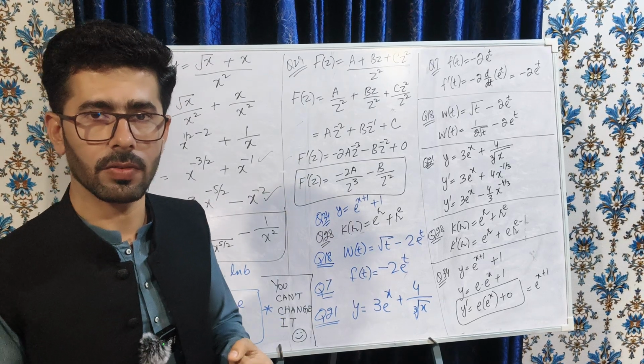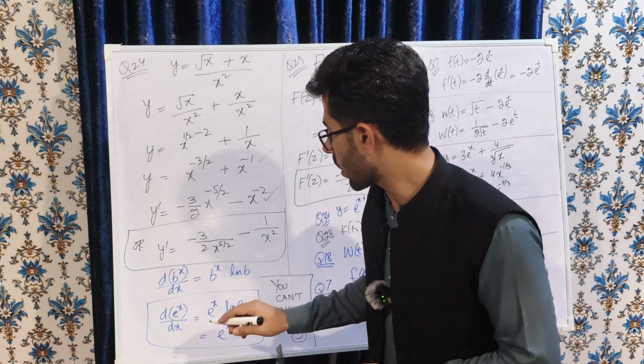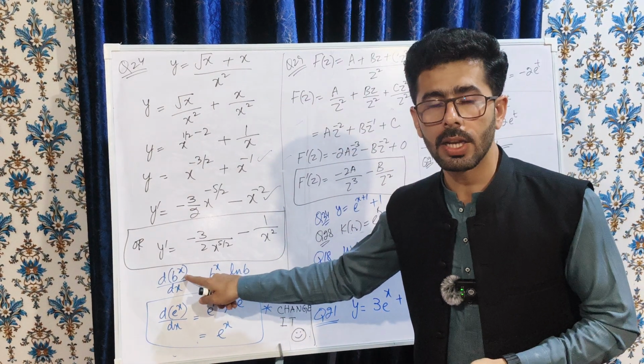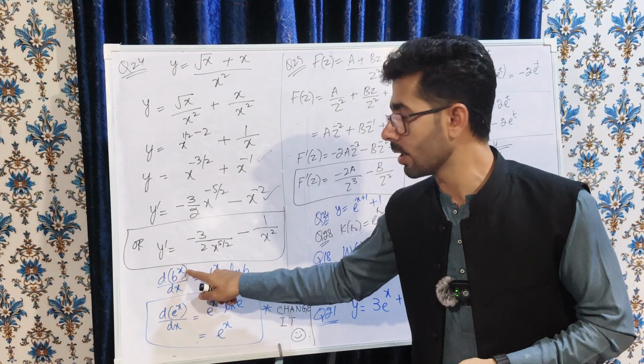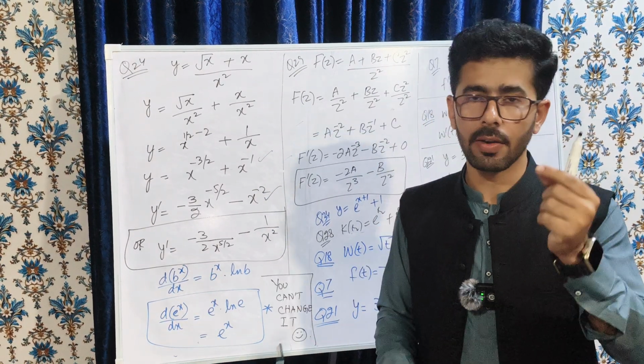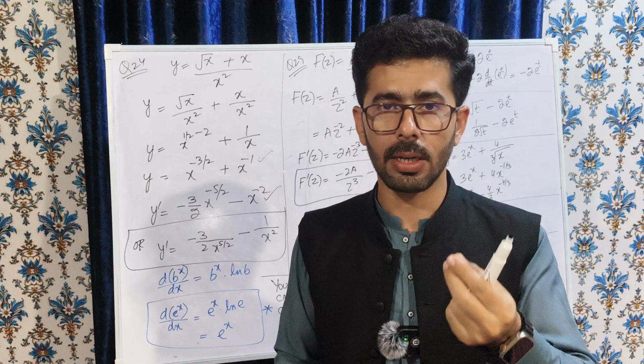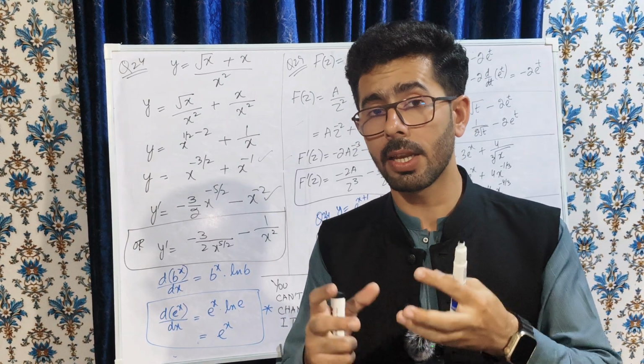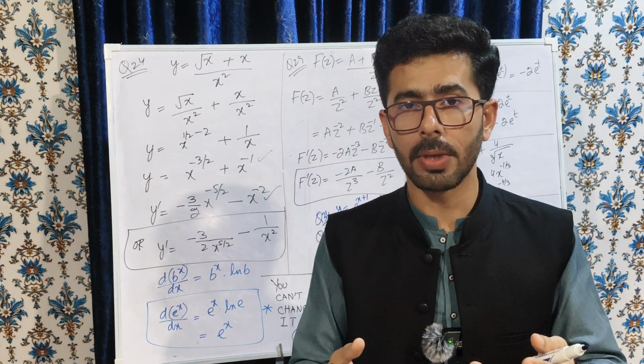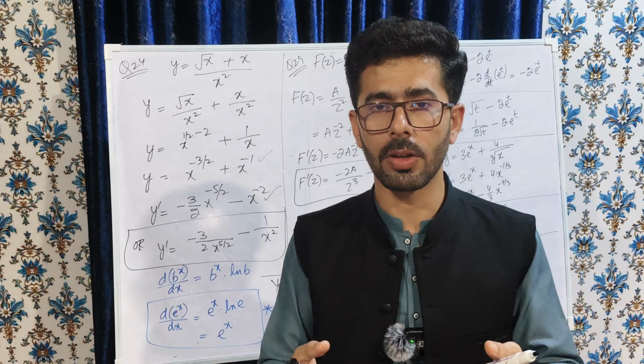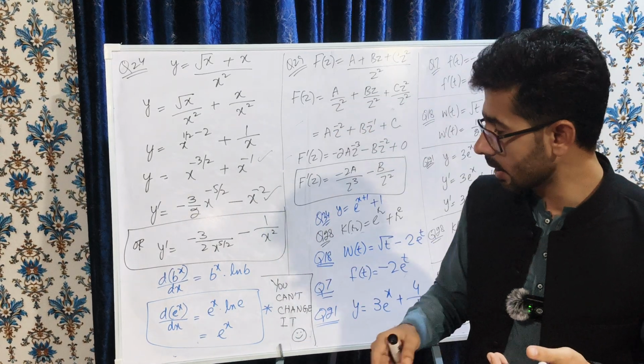So we talk about the derivative of a general exponential function. If you have b to power x, whenever you have a fixed base, a constant number as a base, and you have a variable as a power, we call them exponential functions. I hope you recall this from chapter number 1, functions, when we discussed it.